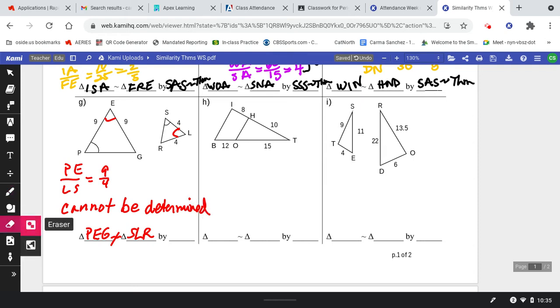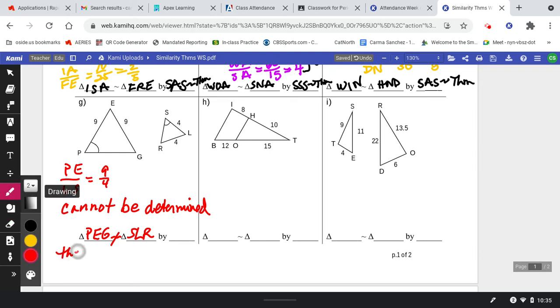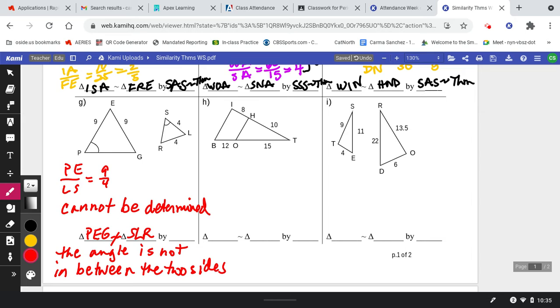Because the angle is in the wrong place. The angle has to be in between the two sides. Okay, so letter G is another cannot be determined.